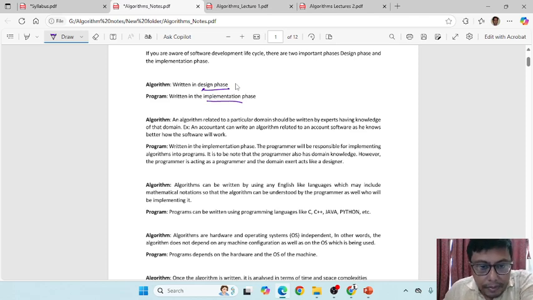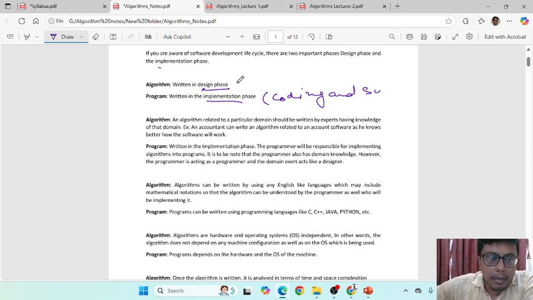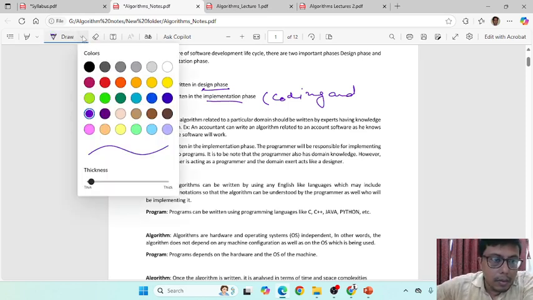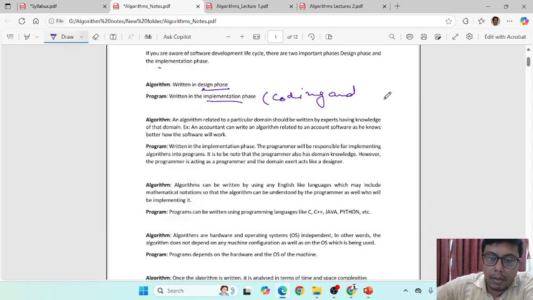We can also say this implementation phase as your coding and unit testing. Okay, this is the first difference.